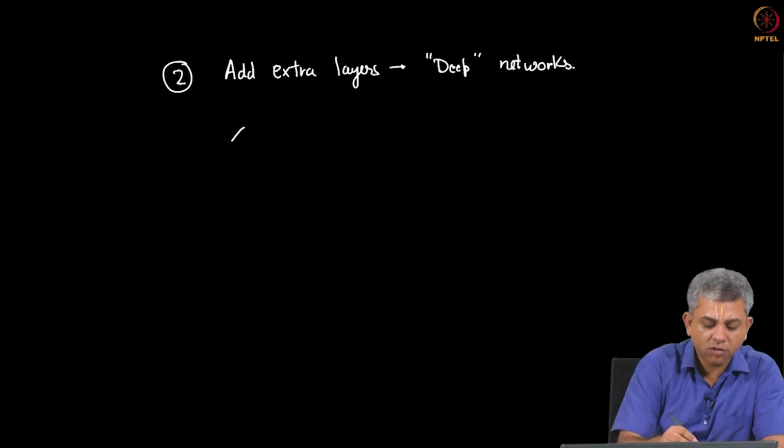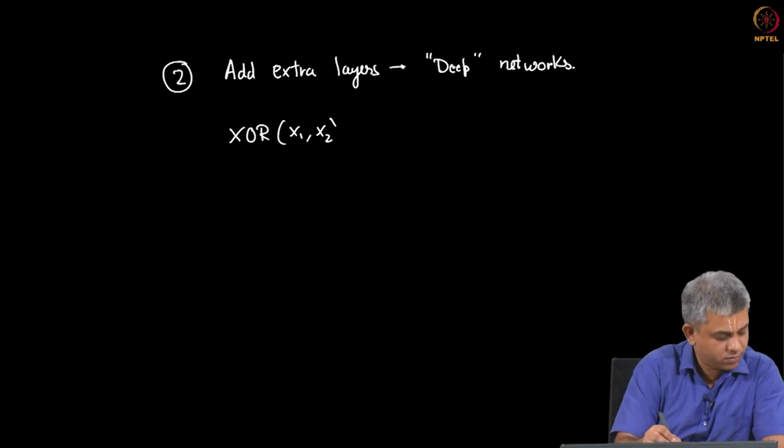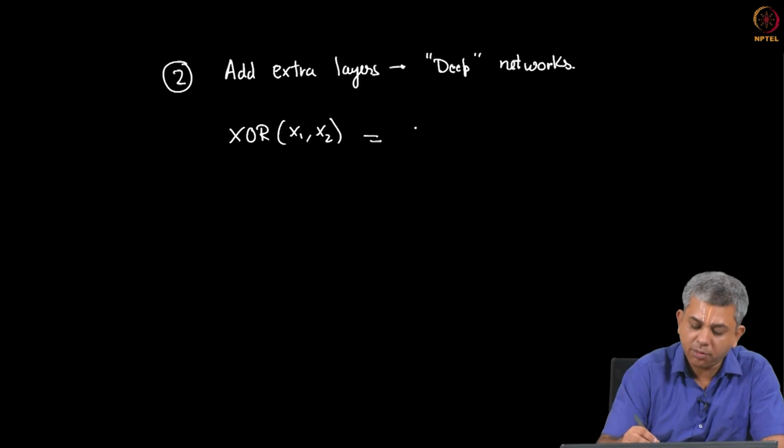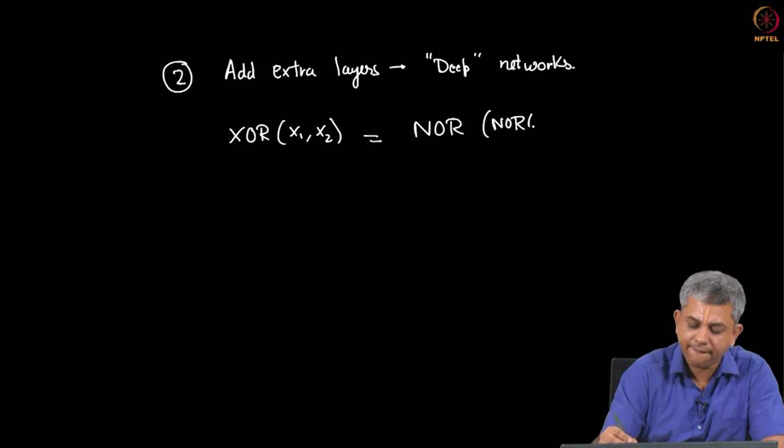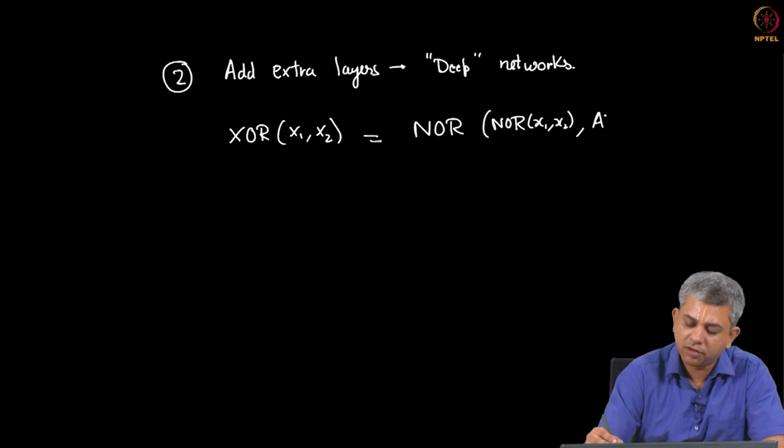So, we know that XOR of 2 inputs x 1 and x 2 can be written as NOR of NOR and AND.